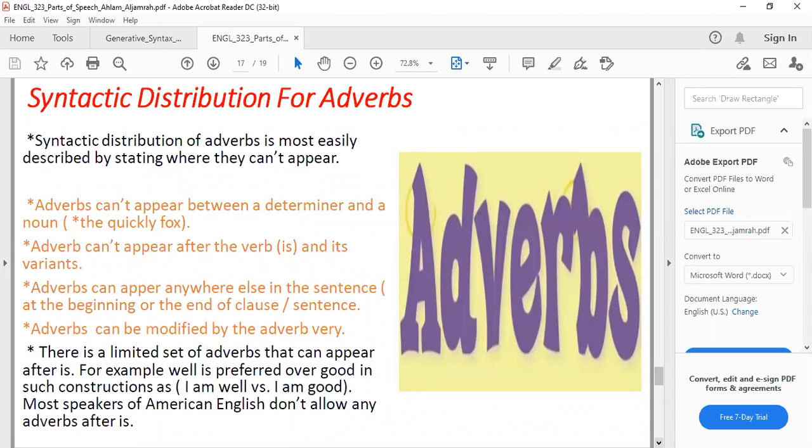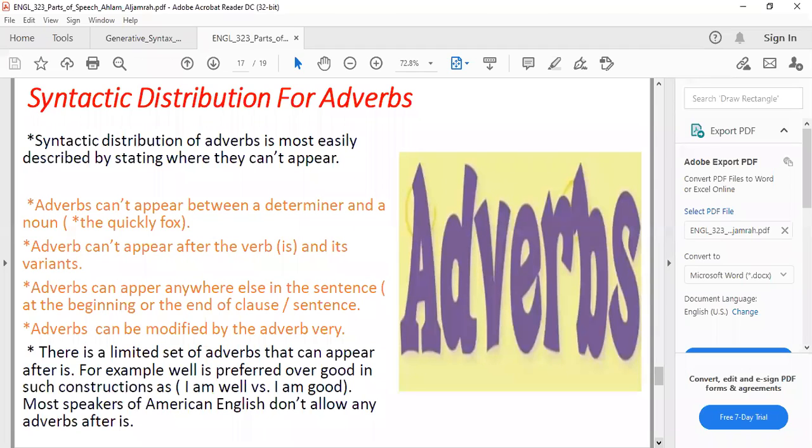Adverbs can appear anywhere else in the sentence, at the beginning or at the end of a clause. Adverbs can be modified by the adverb very. There is a limited set of adverbs that can appear after is. For example, well is preferred over good in such constructions as I am well versus I am good. Most speakers of American English don't allow any adverbs after is.